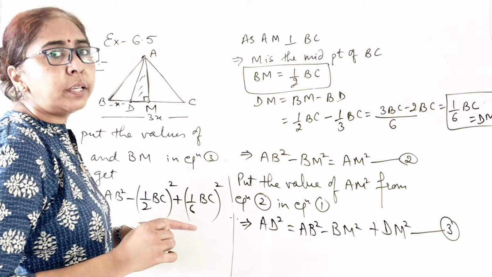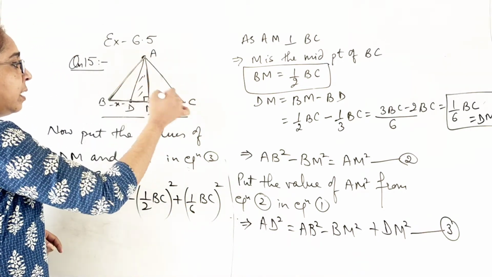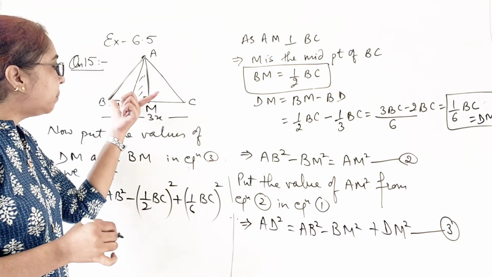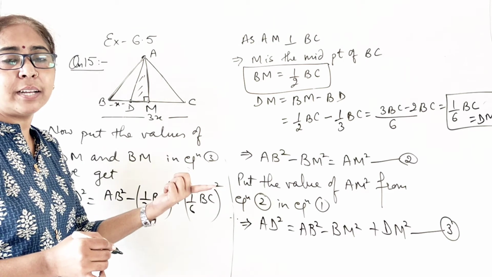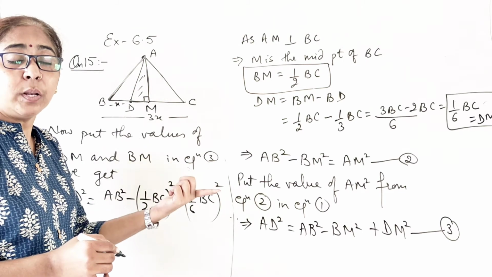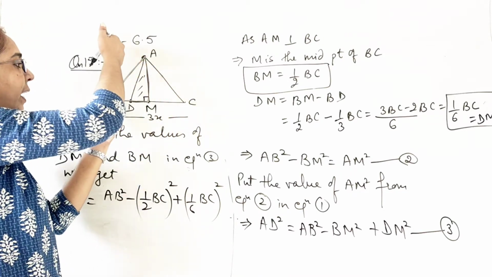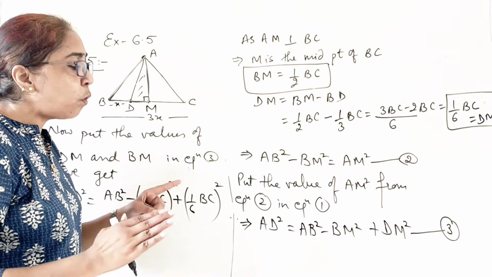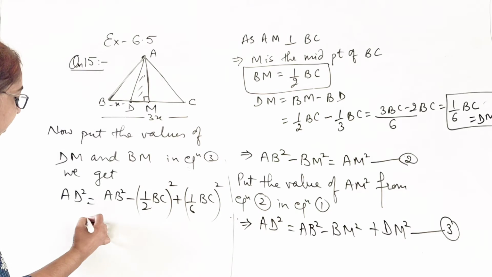Right. One more thing we know. What we know? In an equilateral triangle, all 3 sides are equal. We know this. And BC and AB both are equal because these are the sides of an equilateral triangle. That's why I can write AB instead of BC. And why am I writing this? Because to prove, I don't want BC, I want AB. So I am just removing this also.